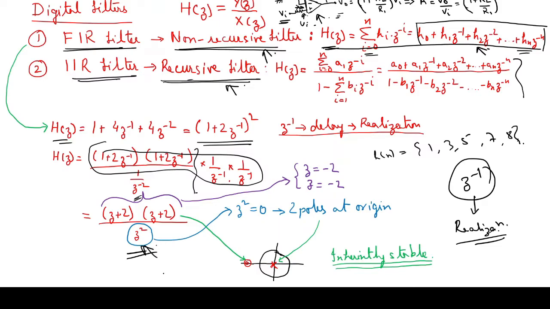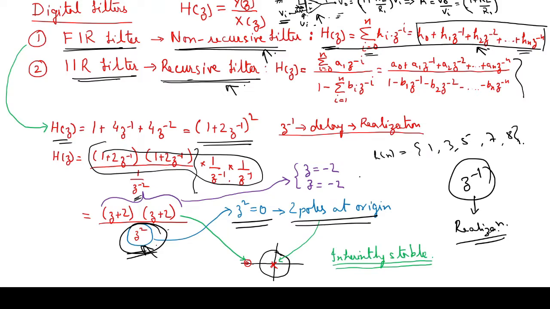Now if you see, the denominator has become z square. Z square means there will be two poles at the origin. If you try to generalize, this is just a second order filter.